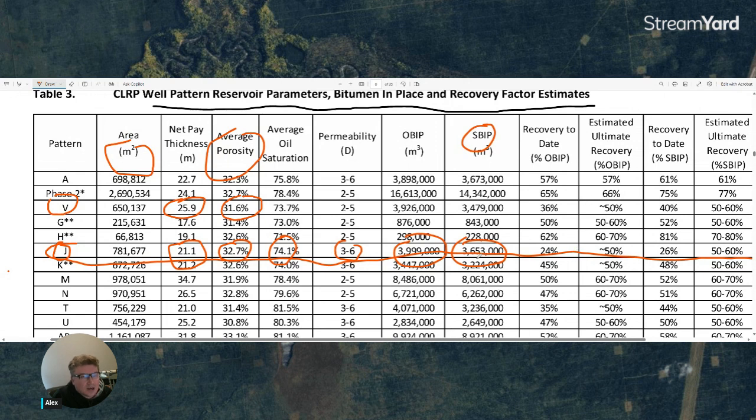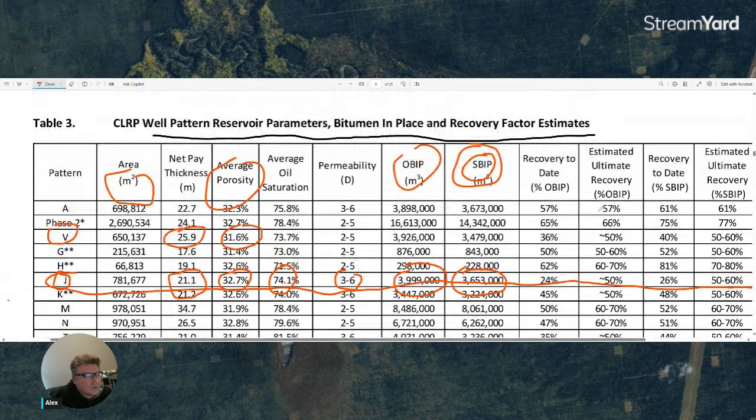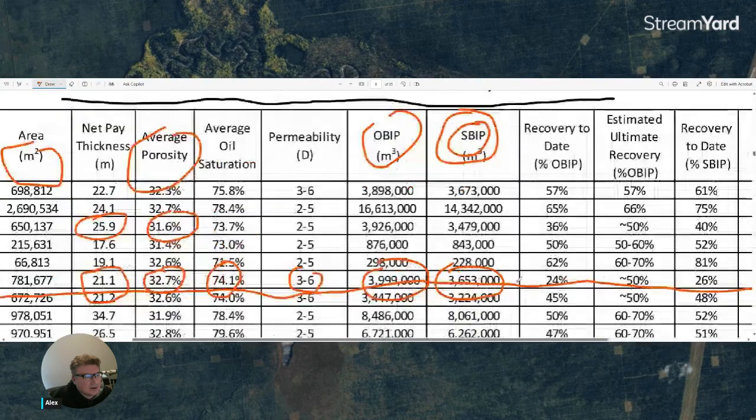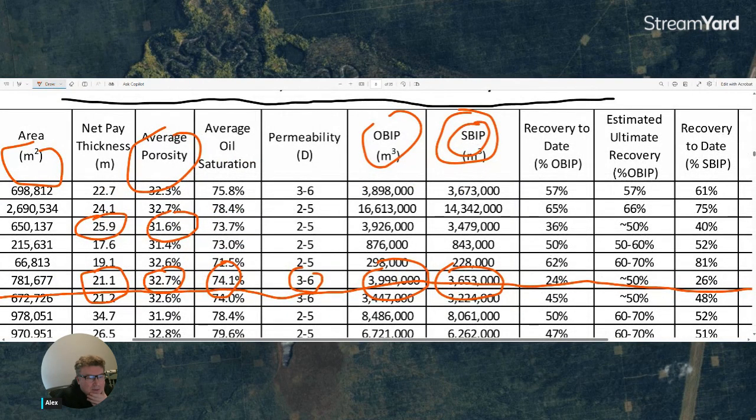Why is that? Why do you guys think that is? Why is SAGDable bitumen in place less than original bitumen in place? Okay, let's talk about that a little bit. Why is this number less than this number? Maybe I want to hear from some other guys. I can see you online, but I don't know if you're actually listening.